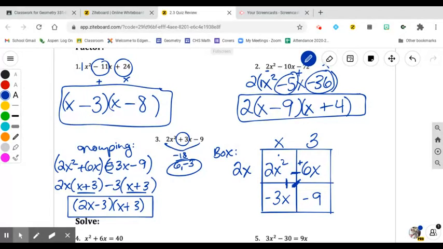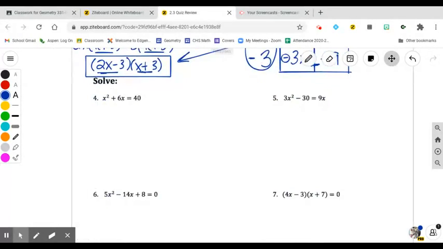Negative 3x and negative 9, these two next would be 3. Since this is negative and it's closest to where I'm writing it, it's negative 3. Notice that these two are here in that part of the answer, and then x plus 3 is here. So again, your answer is 2x minus 3 times x plus 3. And since we were just asked to factor, that's it. That's our answer, and we are done.